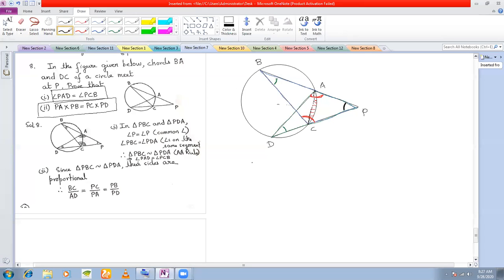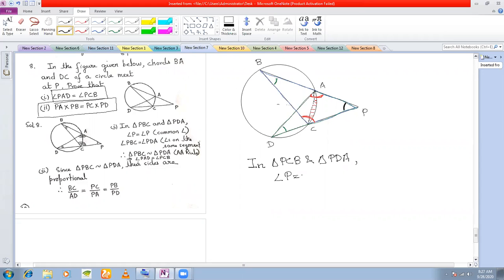Okay, so let us prove in triangle PCB and triangle PDA. PCB is the blue triangle, PDA is your green triangle.